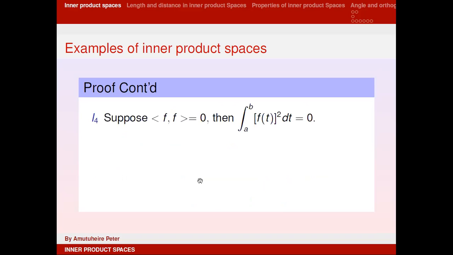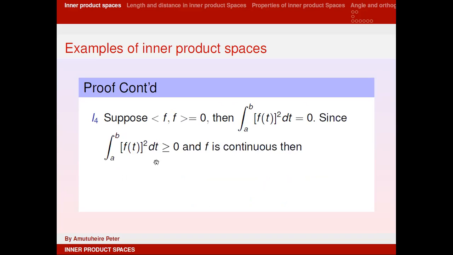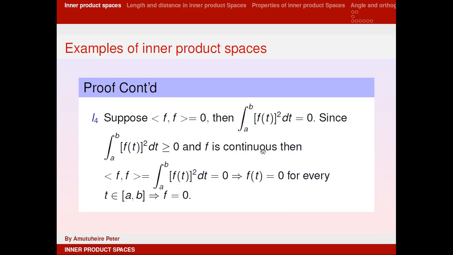So suppose this inner product is equal to 0, then this integral is equal to 0. Since we showed this is non-negative and f is continuous, for the integral to be 0, f(t) must be 0 for every t in the interval.